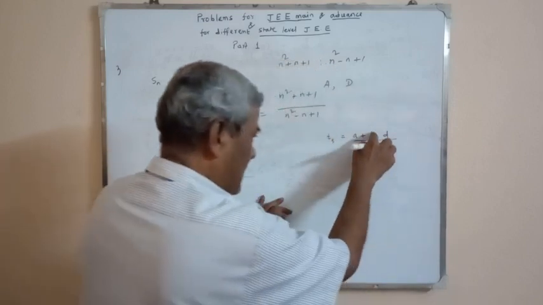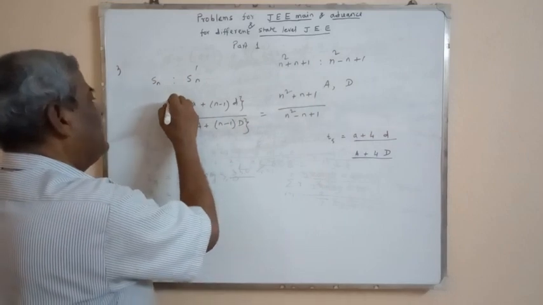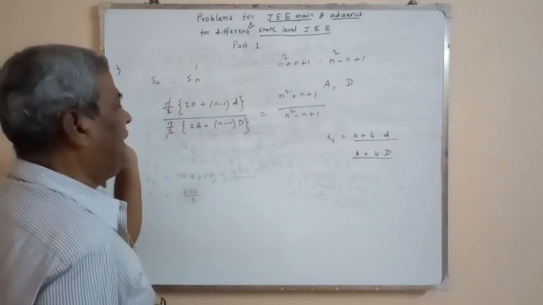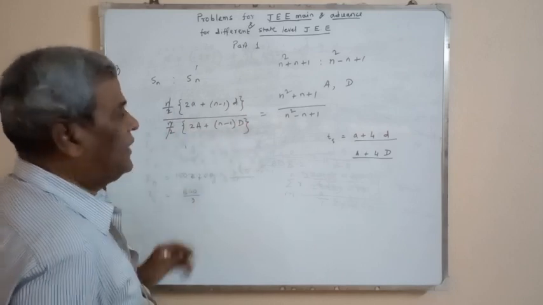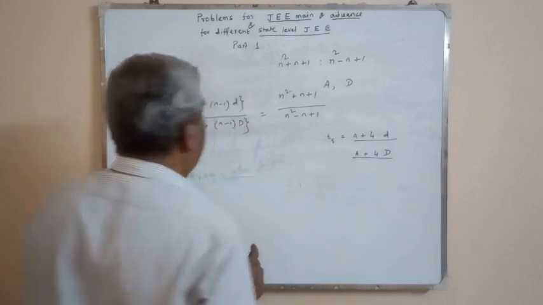We have to find this ratio. Now here clearly these two terms cancel, so we have 2a plus (n minus 1) d, and same here. So T5 is a plus 4d.